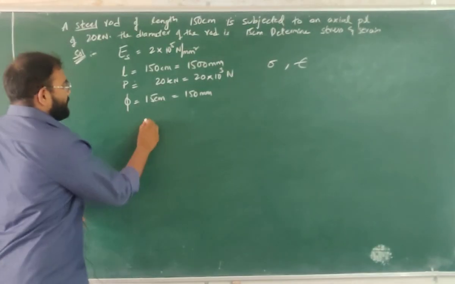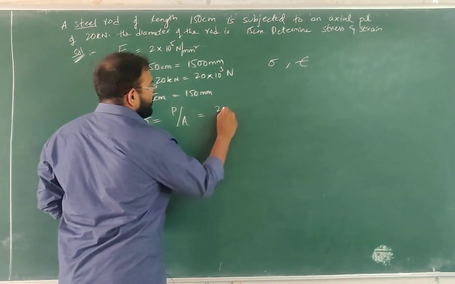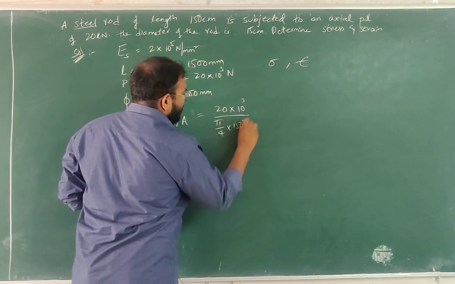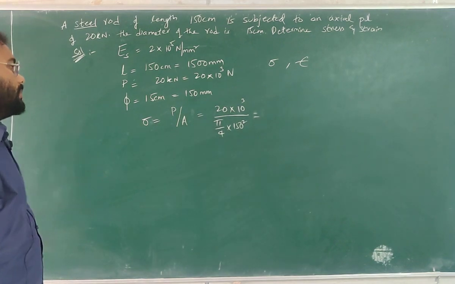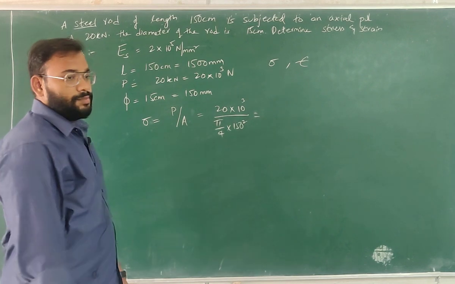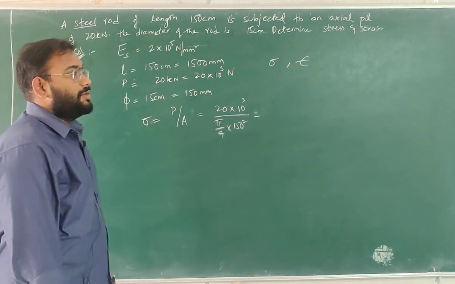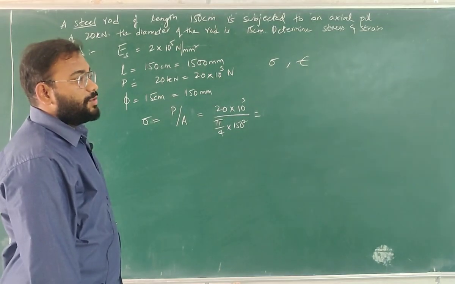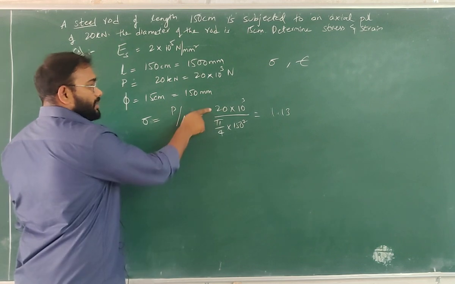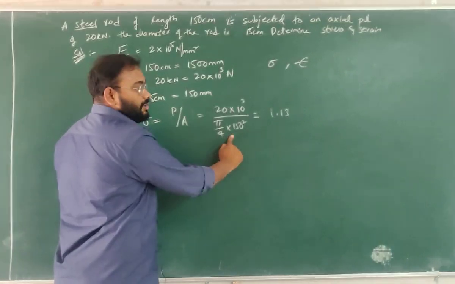You know the formula for stress. Stress is equal to load upon area. So the load is 20 into 10 power 3 divided by pi by 4 into 150 square, which is 1.13. What are the units? The load is in Newton and the diameter is in millimeter, so the area will be millimeter square.